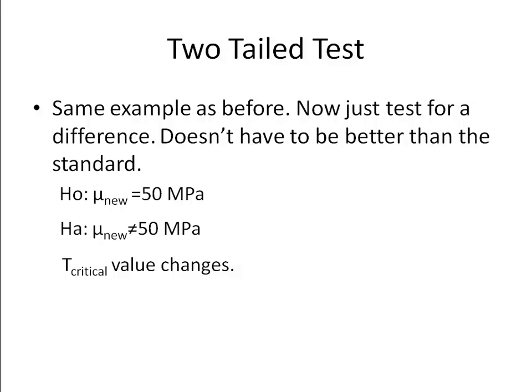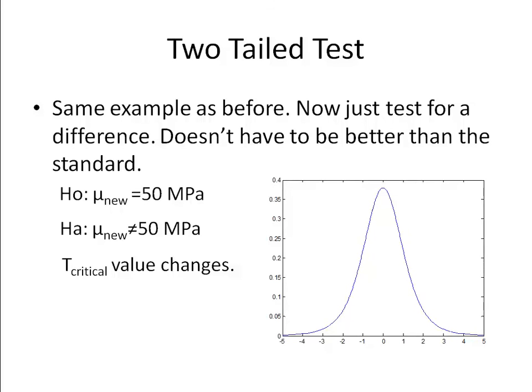So our t-critical value is going to change. We'll still use the exact same degrees of freedom, so it'll still be 5 degrees of freedom. But instead of looking on the t-table for 0.05, what we're going to do is look at 0.025, or this area right here, because for a two-tailed test, remember, the two tails have to sum up.